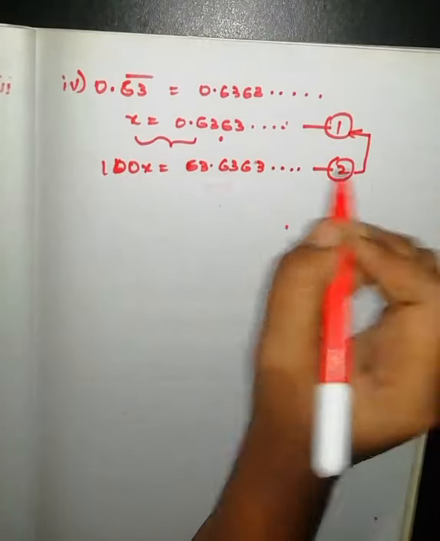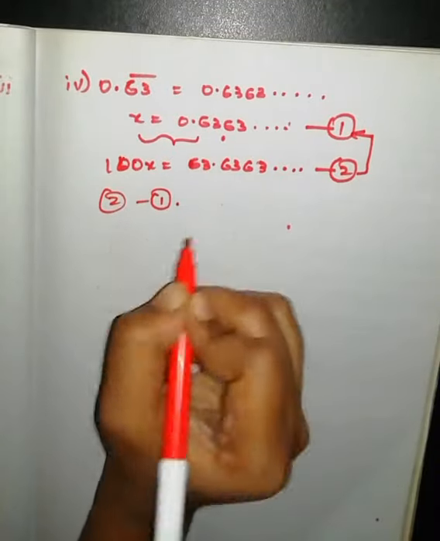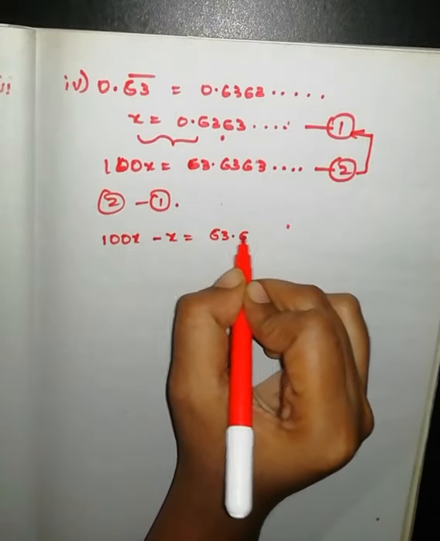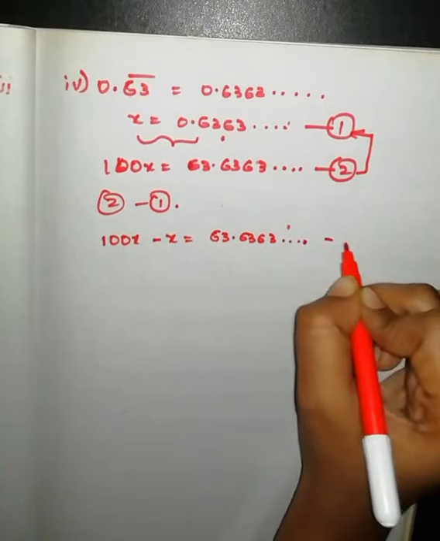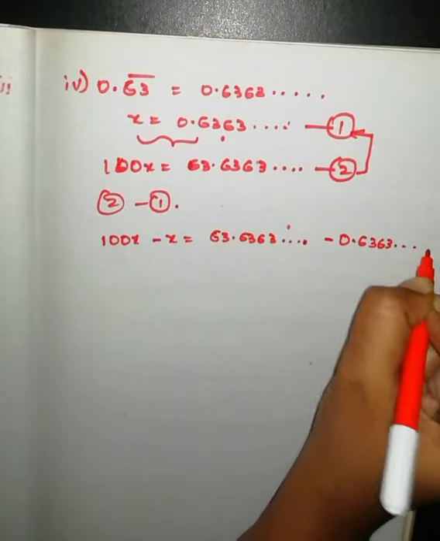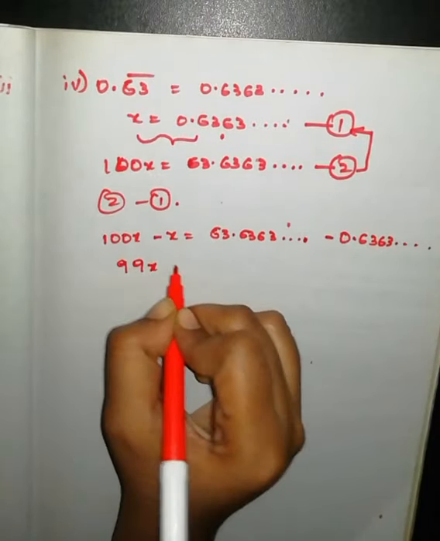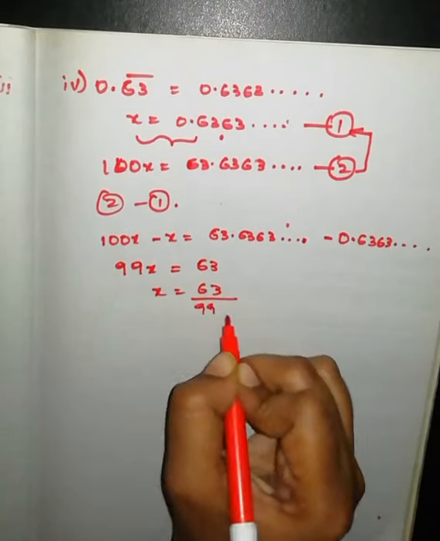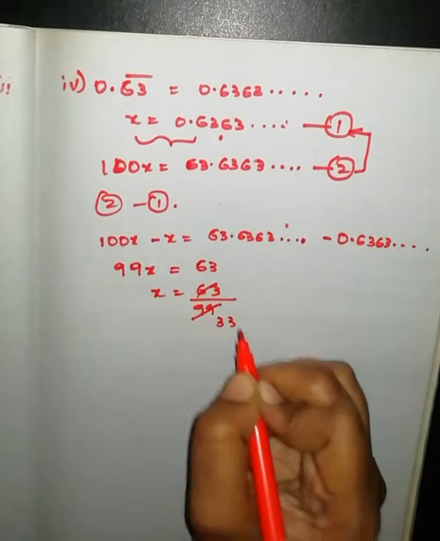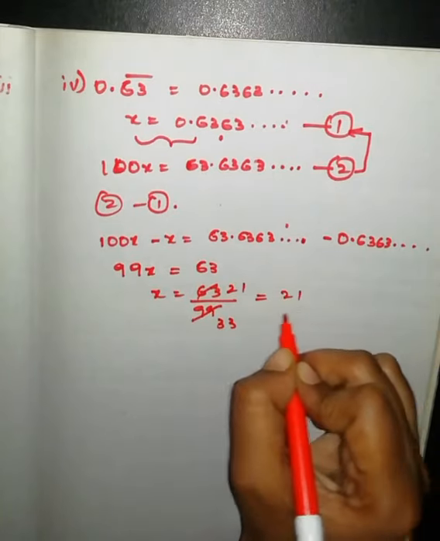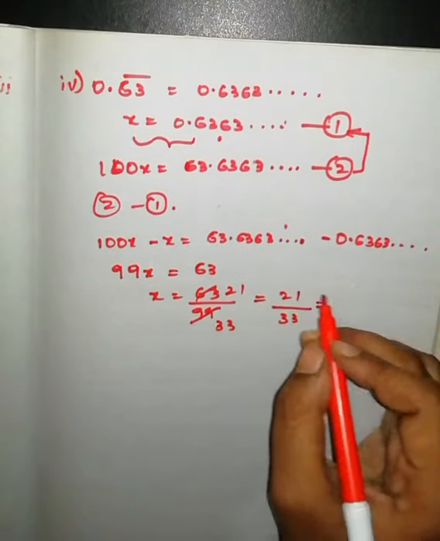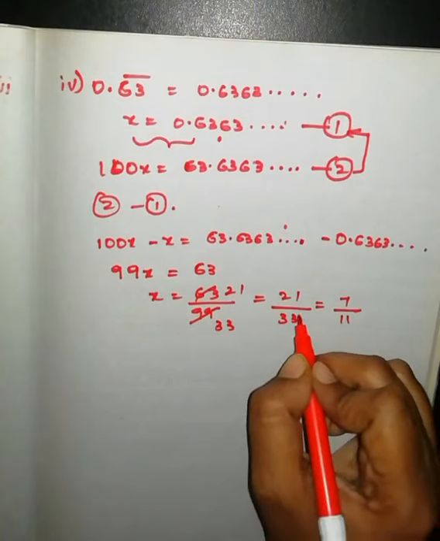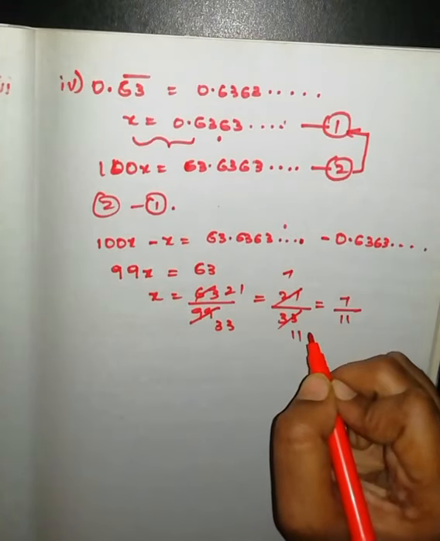Now by subtracting 1 from 2, we get 100x minus x is equal to 63.6363 and so on minus 0.6363 and so on, which will become 99x is equal to 63. x is equal to 63 by 99, which will become 21 by 33, which will become 7 by 11.